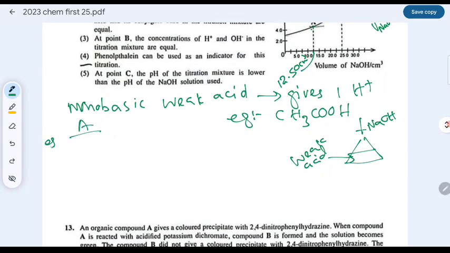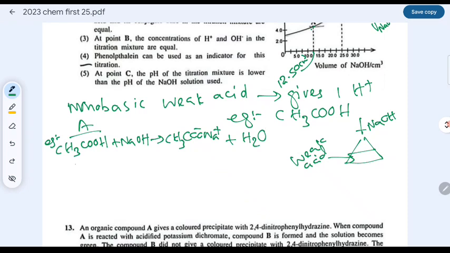Right? Now if we analyze the point A, at A what happens? If we take for example CH3COOH plus sodium hydroxide, it gives CH3COO minus sodium plus H2O.